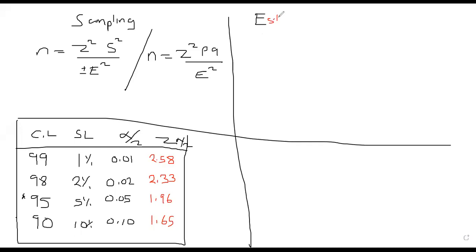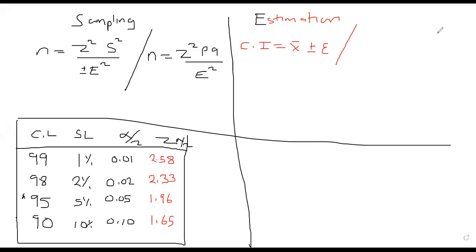Then under estimation, we only have 4 formulas. Number 1, confidence interval. The mean is given by X bar plus minus the error.